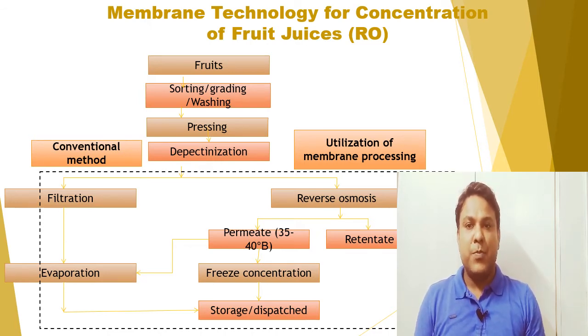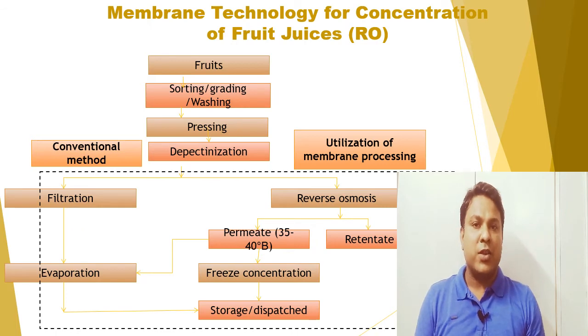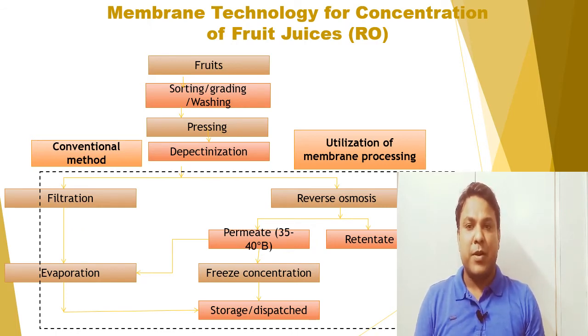It is a low temperature process in which the organoleptic quality of the juice is almost retained by using membrane. The advantages of the membrane process over traditional methods in juice concentration are lower thermal damage to product, increase in aroma retention, less energy consumption and lower equipment cost.